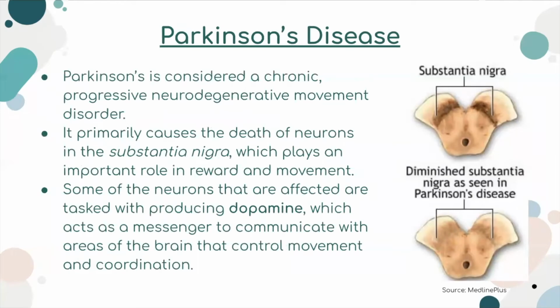Another neurodegenerative disease is Parkinson's disease. Unlike Alzheimer's disease, Parkinson's disease is a progressive neurodegenerative movement disorder. Parkinson's disease results in neural death in substantia nigra, which is physiologically important for reward and movement pathways. Other affected neurons include those that help synthesize dopamine, a messenger that controls movement and coordination.